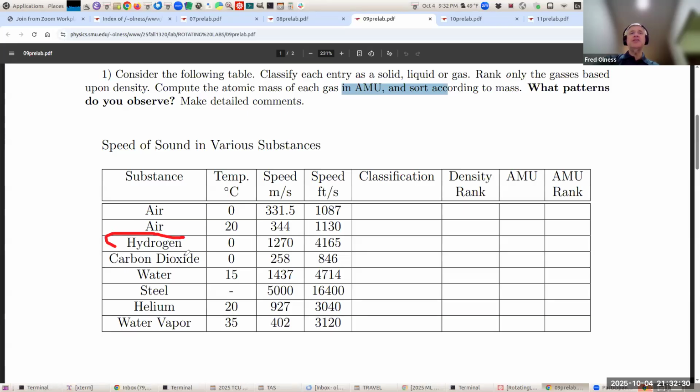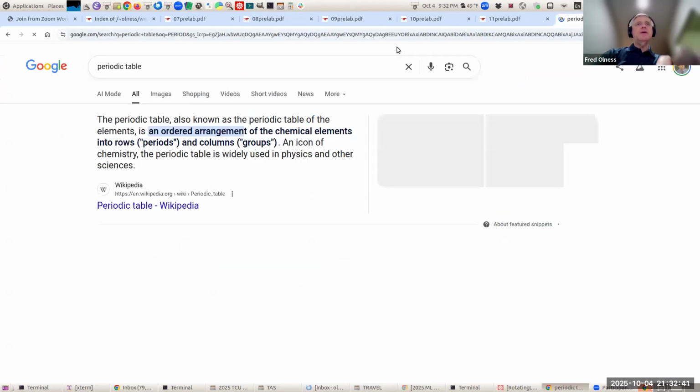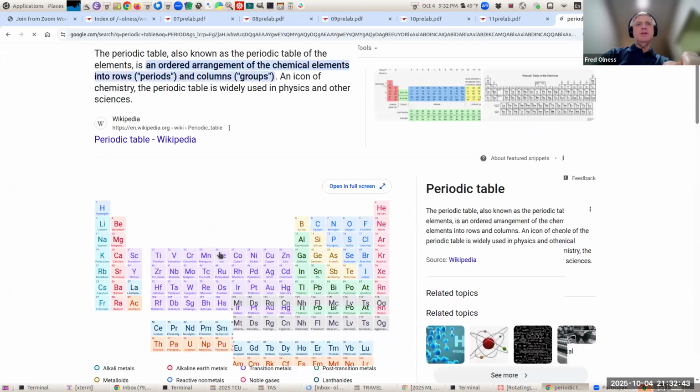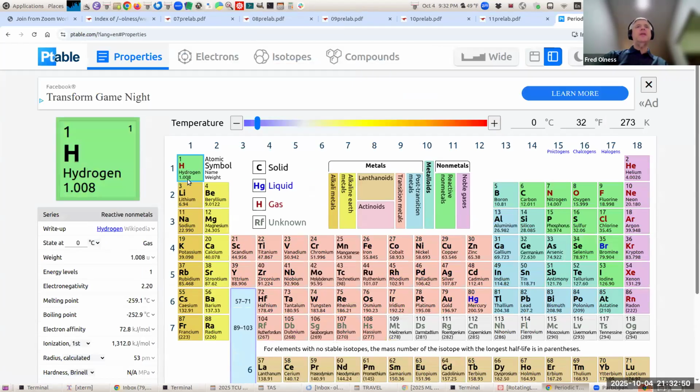Let's start with hydrogen. That's very easy. Hydrogen is just a single proton. Let me see if I can find a periodic table. Yeah, this should do. So hydrogen has atomic mass 1 because it's just a single proton.